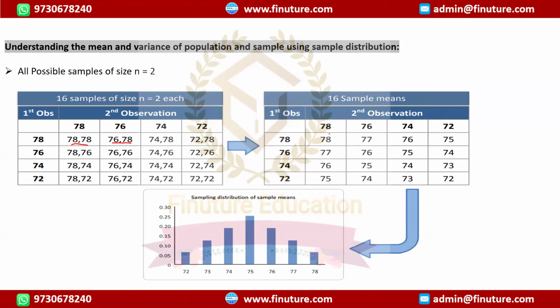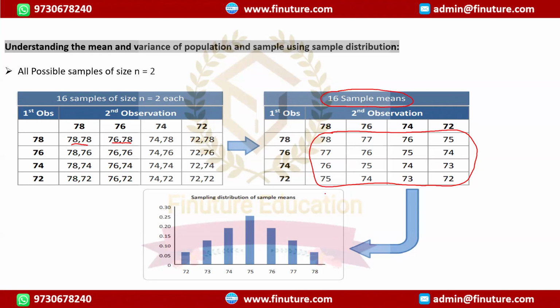What you see over here is a set of sample means. These were your samples of size 2. Now you have got one set which has sample means. You have got 16 sample means.